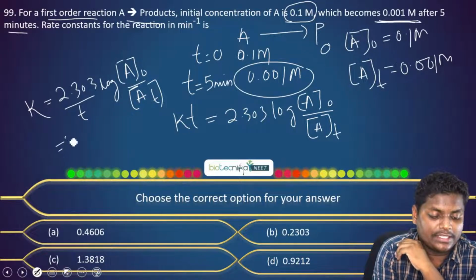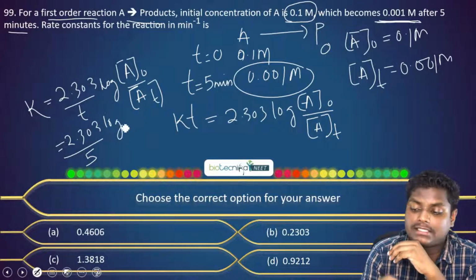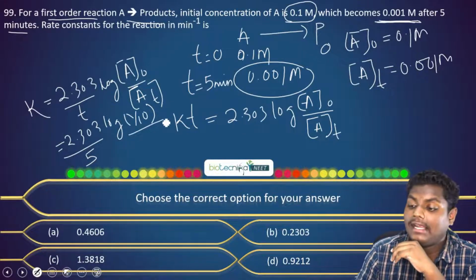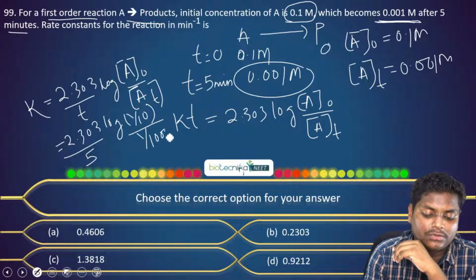If we do it, it is 2.303 upon the time, which is given as 5 minutes, times log of 0.1 upon 0.001. 0.1 I can write as 1 upon 10, and 0.001 I can write as 1 upon 1000.